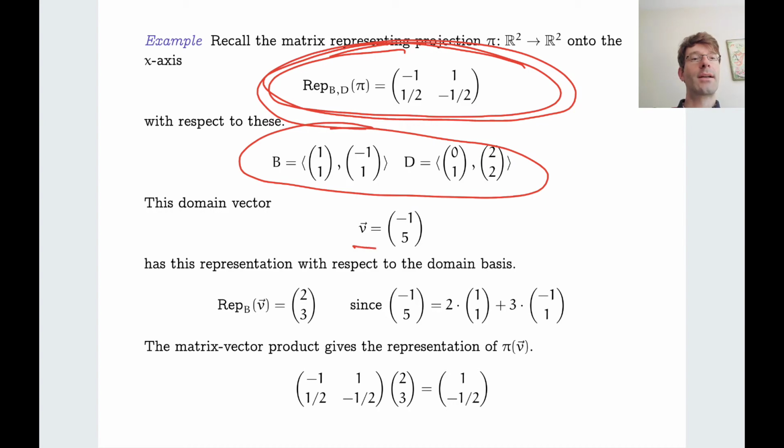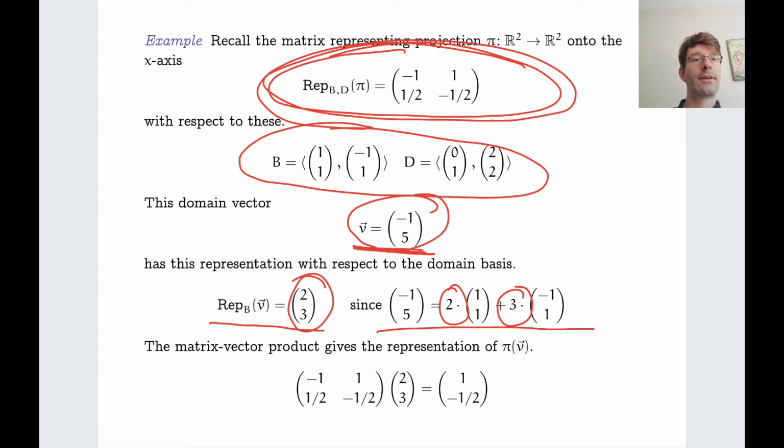Now we take some kind of arbitrary domain vector V, represented with respect to the input basis, which gives us this vector, as you can verify here. So the coefficients from the expression of V with respect to the input basis are these two numbers, 2 and 3.